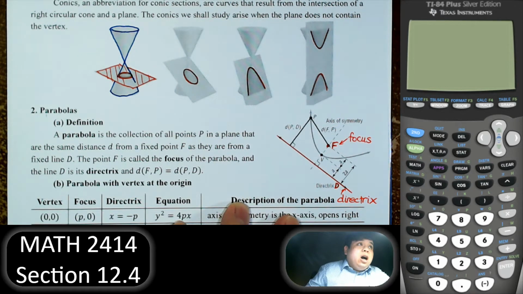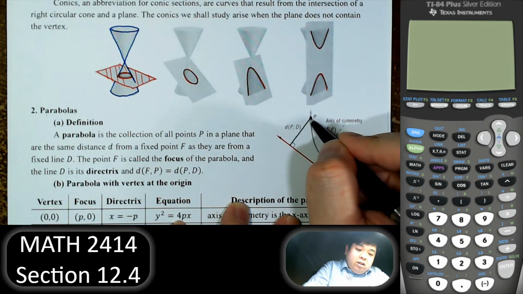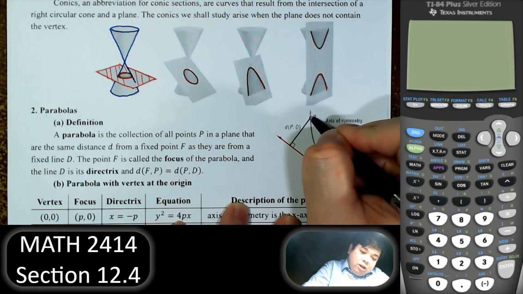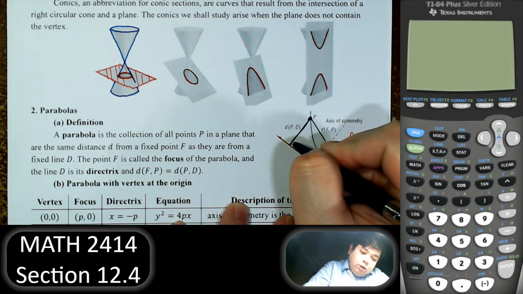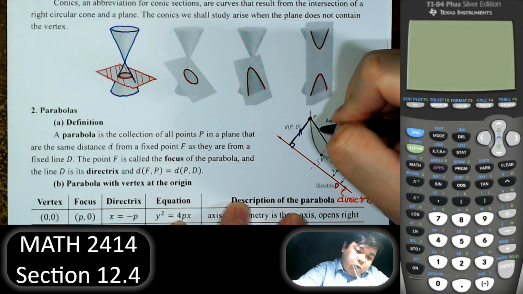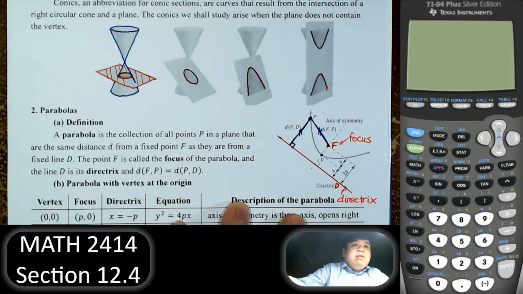And the definition of a parabola is the set of all the points that are equidistant to the focus and to the directrix. So if we have the distance from this point to the directrix, this distance will be the same as the distance from that point to the focus. We might have another point here.